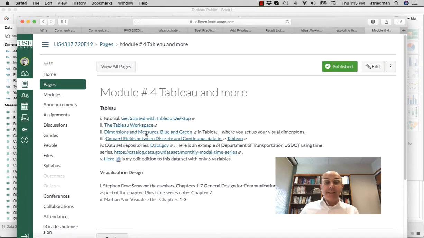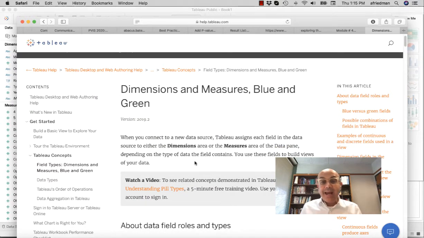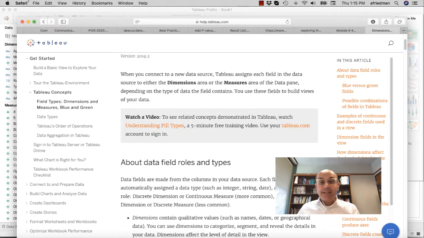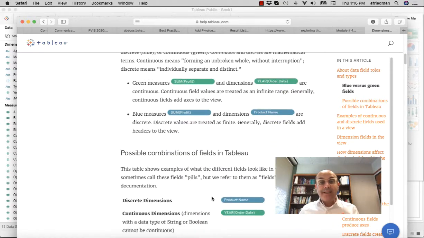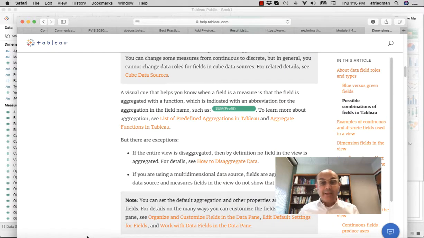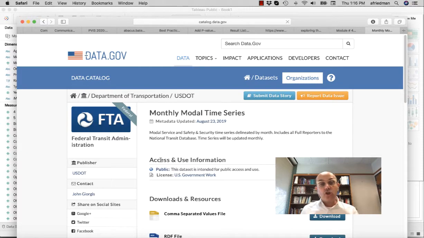One of the things that is really important, and I need to emphasize again and again, is the dimensions area and the measurements area. This is a great review of the dimensions and what they entail, and how you can manipulate the data. One of the pages that I gave you is about a data set that I found on data.gov.